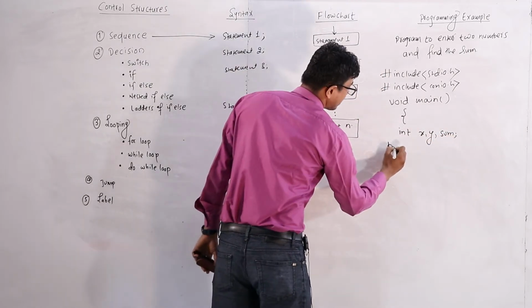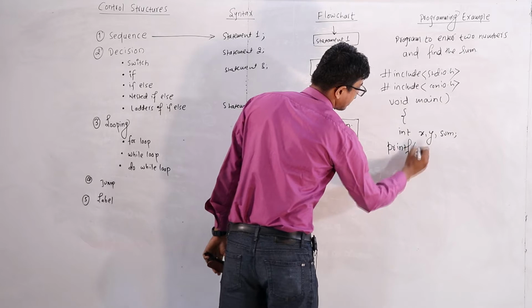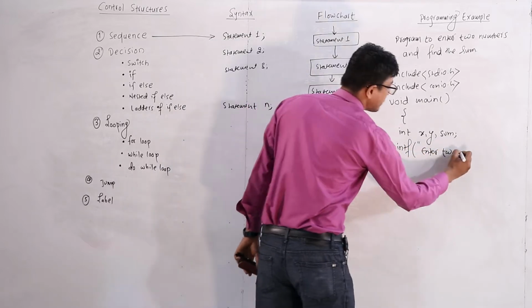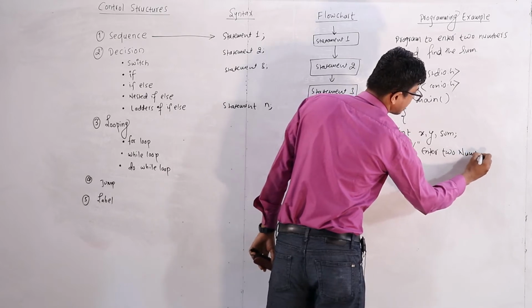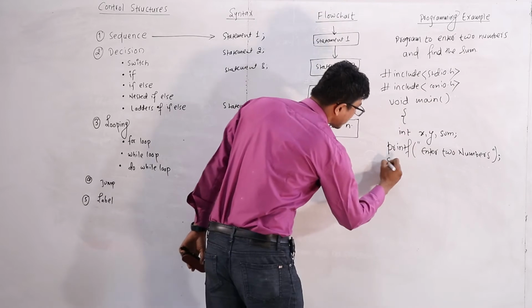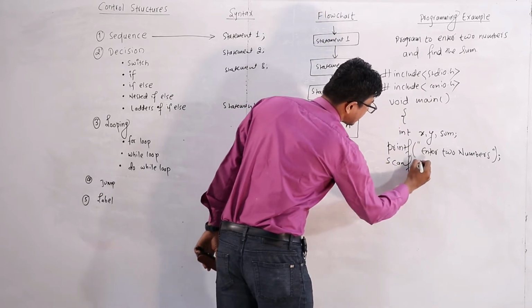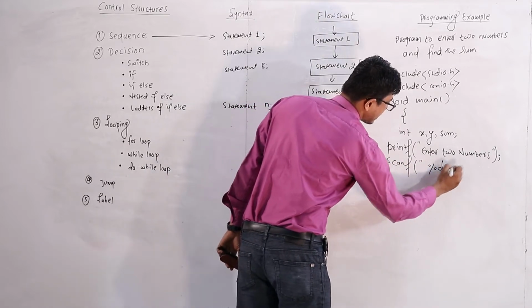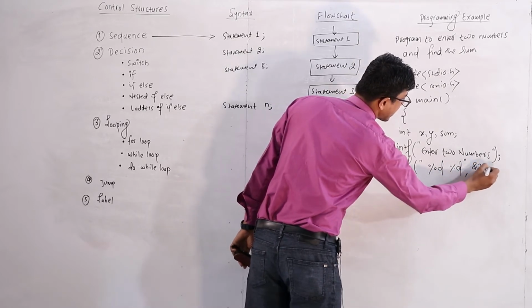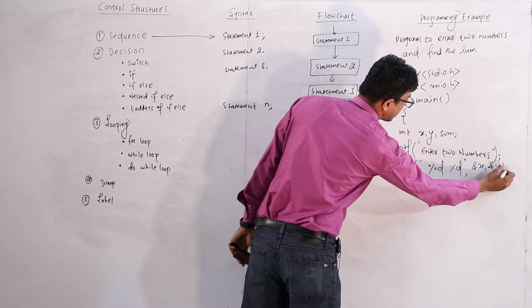So printf enter two numbers, scanf %d, ampersand x and ampersand y.